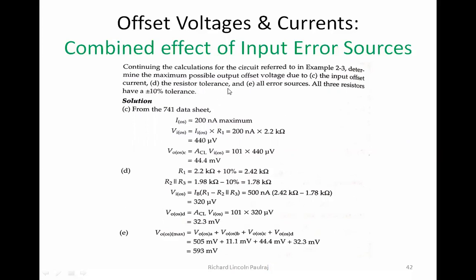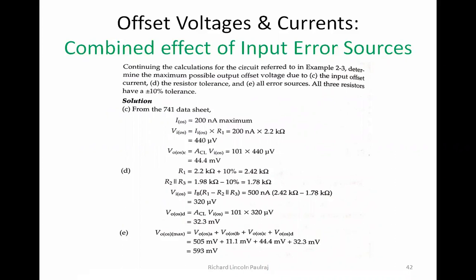Remember, I was talking to you about the tolerance, plus or minus some percentage, so we have to take that also into consideration. Then all error sources. What all can actually be a reason for error? We have seen input offset voltage, output offset voltage, input bias current, and input offset current. All these will be taken into consideration and added up, and we can finally conclude how much error is going to happen.